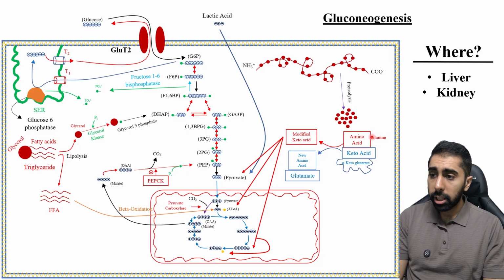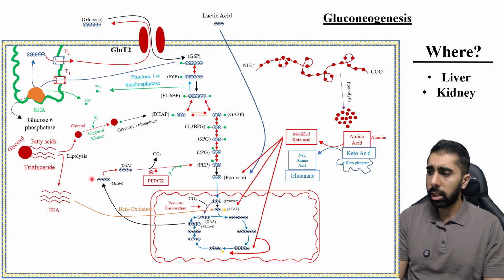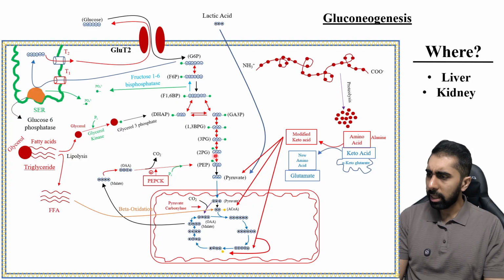And this amino acid is responsible for producing many substrates of the Krebs cycle, or even pyruvate. So whenever we use pyruvate from alanine, how can it do gluconeogenesis? Pyruvate can again turn into oxaloacetate, to malate out of the mitochondria, malate into OAA, to PEP using PEPCK. It can turn back and do all these steps in order to eventually produce glucose.